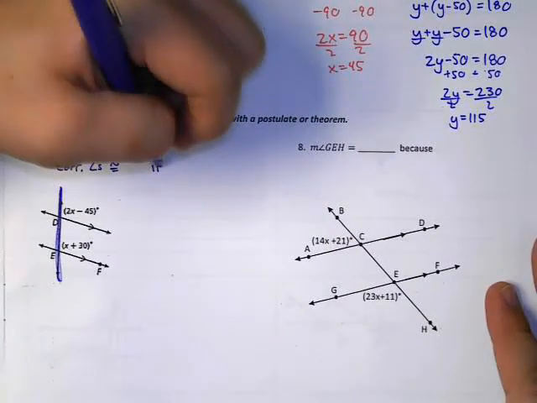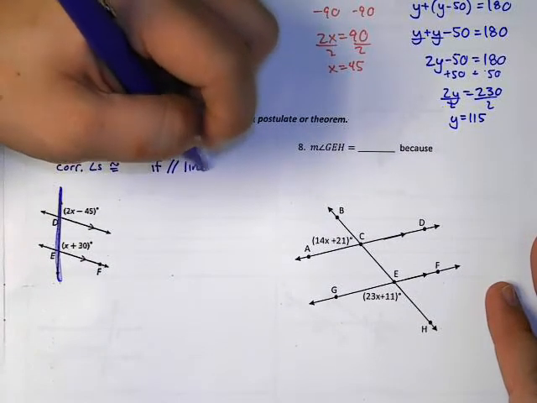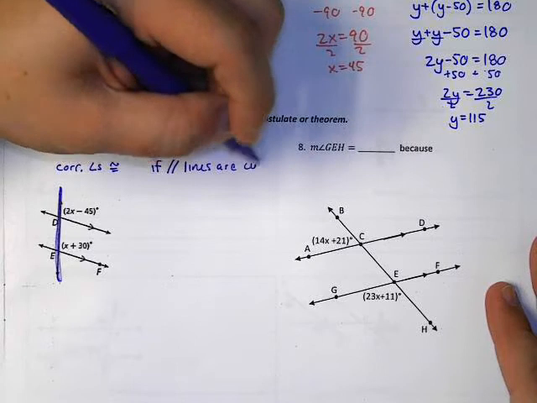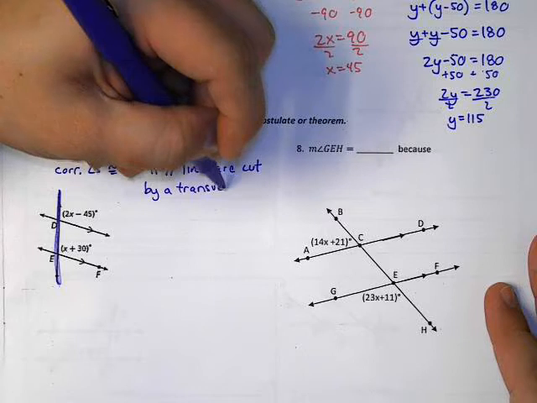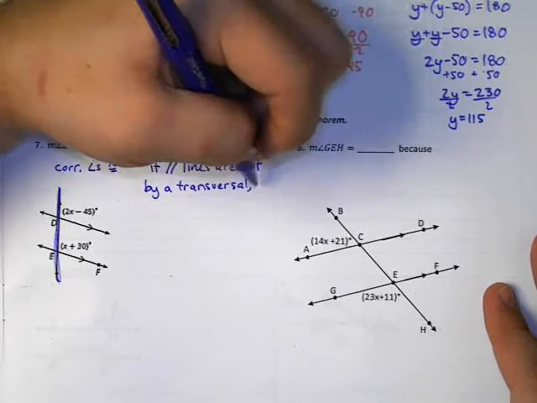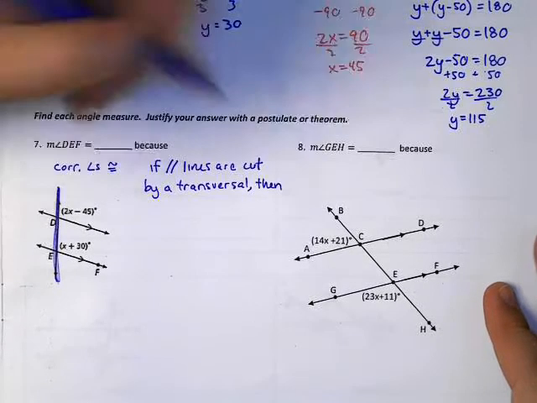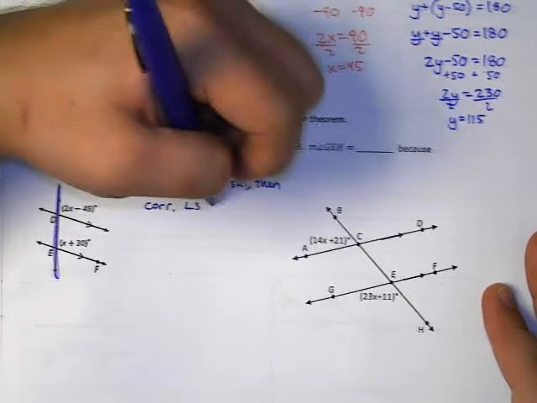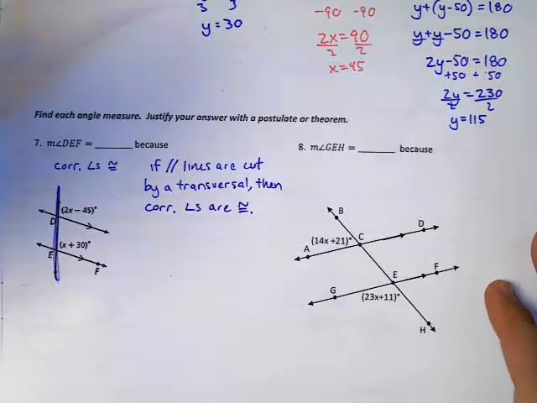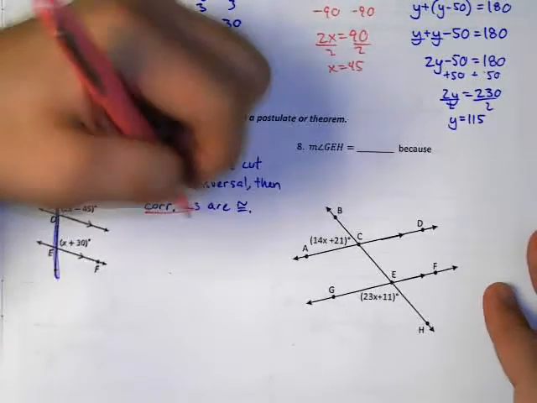So when I write my statement, I'll say if parallel lines are cut by a transversal, then corresponding angles are congruent. All right, and that was what was changing.